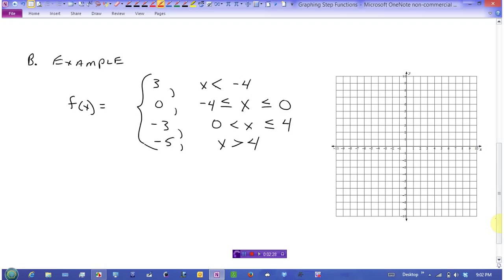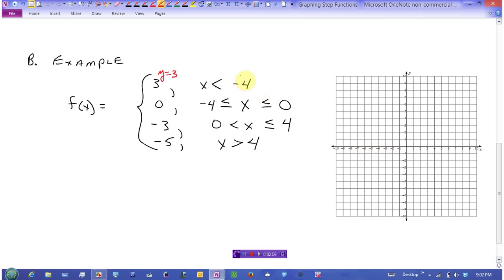So here's a function, and it's a step function. So let's go ahead and take a look at the first step. What this says is we're going to have a step here at y equal to 3. But we're only going to have that step, y equal to 3, when the value of x is less than negative 4. So over here, we can go to this x value, which is less than negative 4.